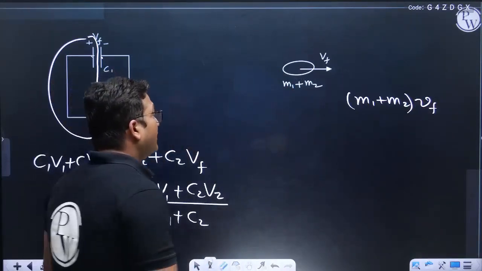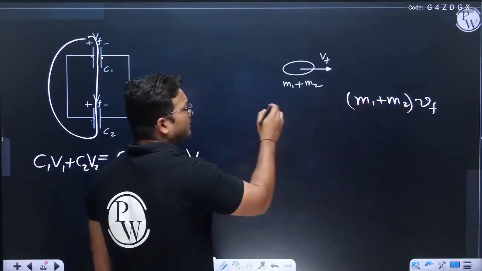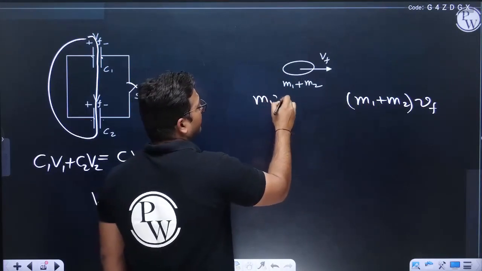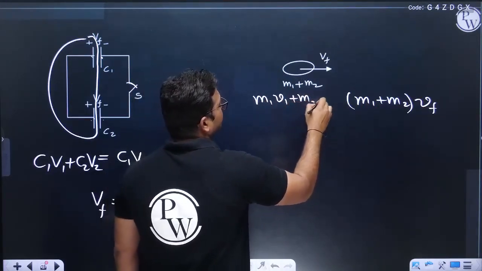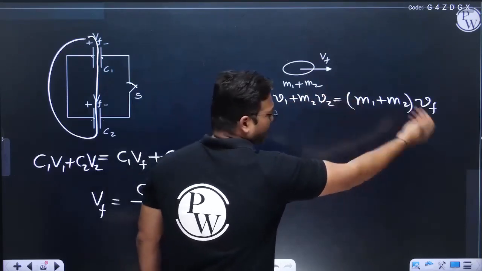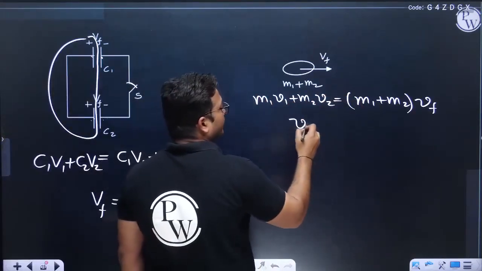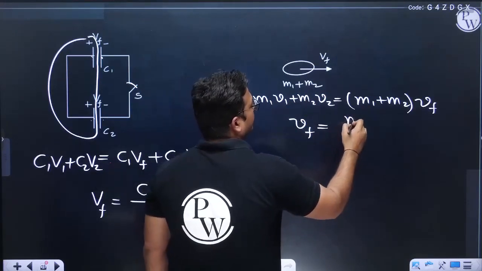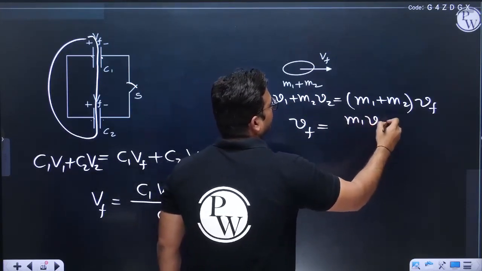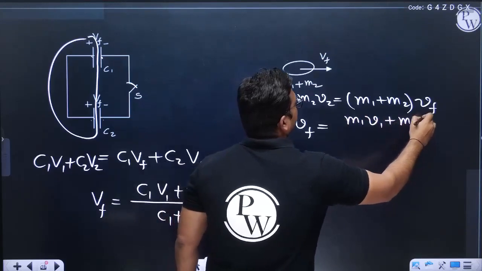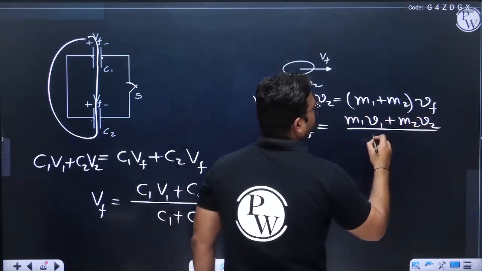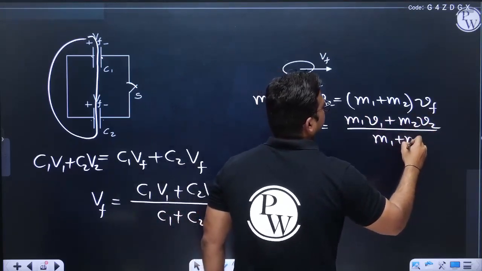As momentum is conserved, m1 v1 plus m2 v2 equals m1 plus m2 times v final. So v final becomes m1 v1 plus m2 v2 divided by m1 plus m2.